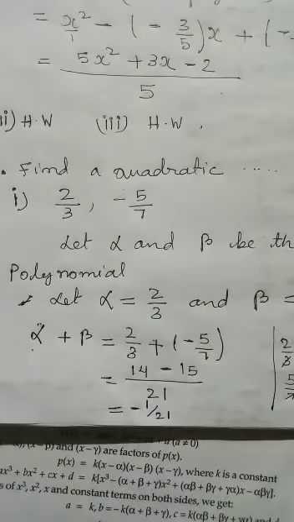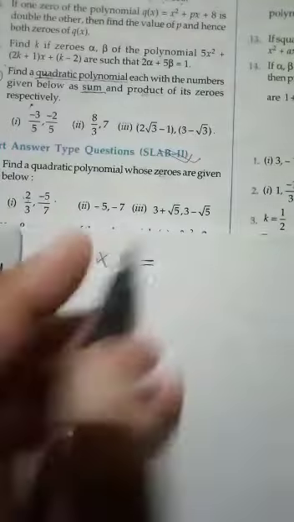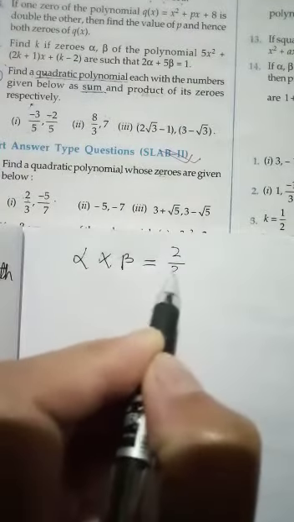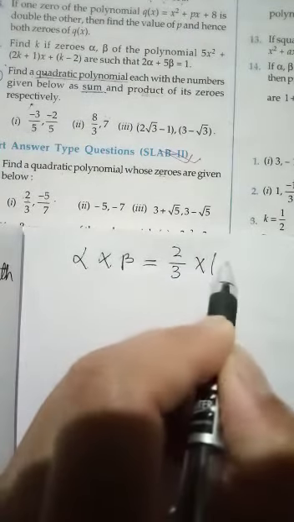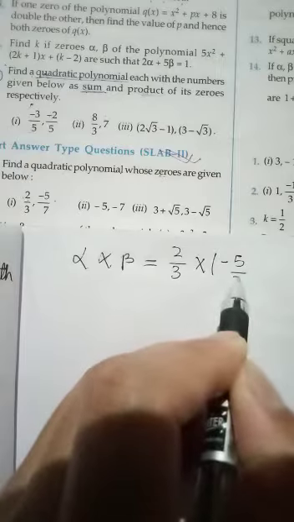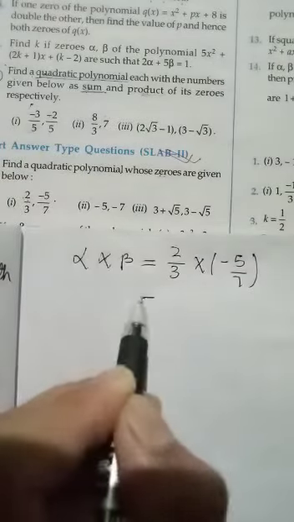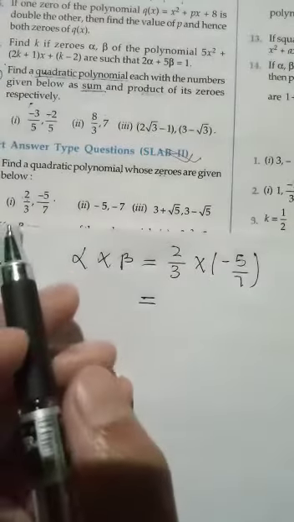Next we have to find the product. Product means multiply. Alpha into beta. Alpha you already know, no? It's equal to 2 by 3. Then multiply beta, minus 5 by 7. For multiplying, we don't have to find the LCM.